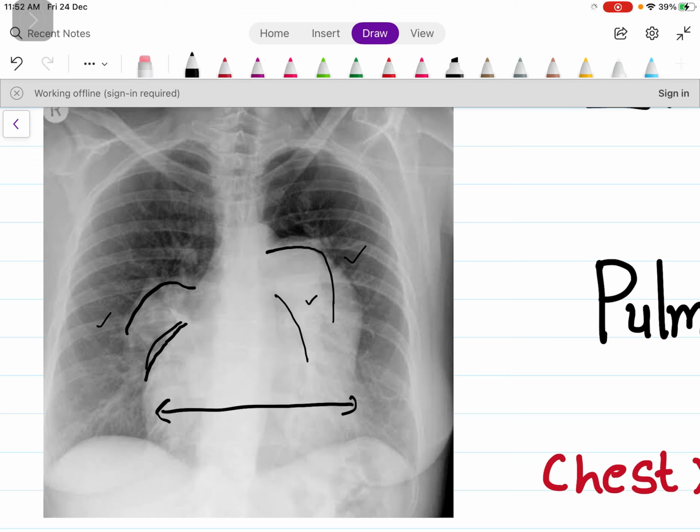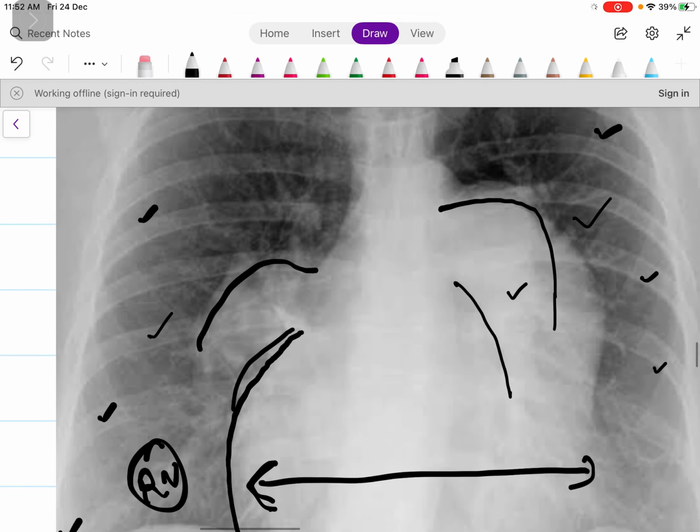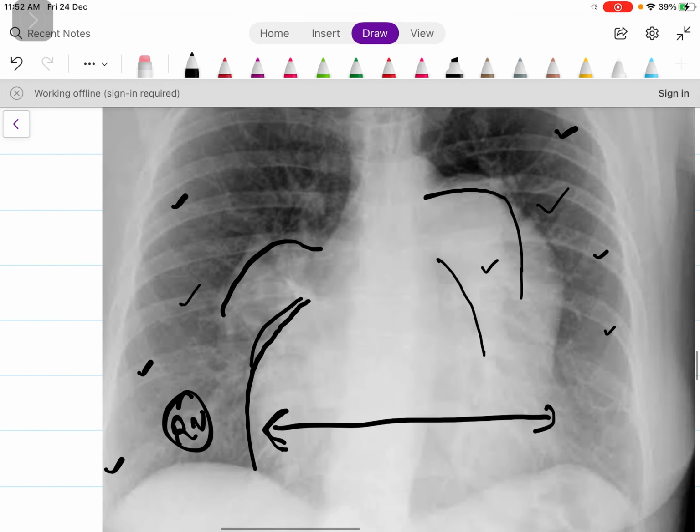Then there is an enlargement of the right side of the heart. You can see that this is the right ventricle border in the heart. So this has been enlarged, and you can also see these markings in the chest x-ray. Normally, the vascular markings are more prominent in the lower zones.